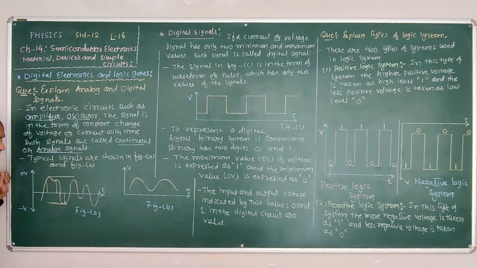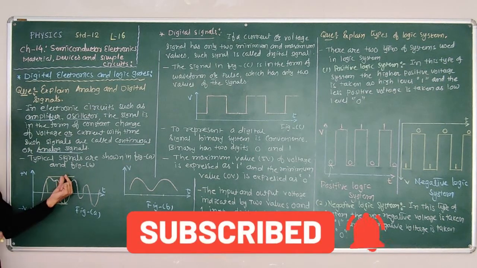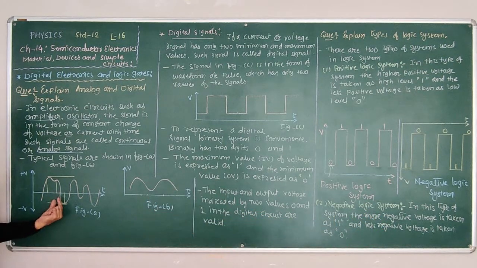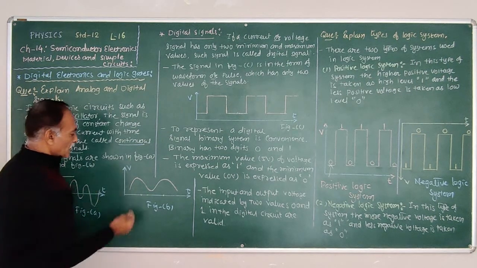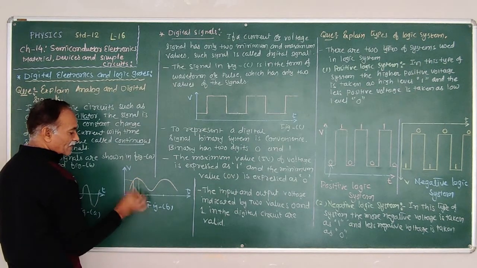So in short, an analog signal is a signal in which, at any instant of time, the value of the voltage or current lies between the maximum and minimum. That means at this instant of time, the value of the voltage or current is any value between maximum and minimum. Such a type of signal is known as an analog signal. Here also, at this instant of time, the value of the voltage is this, and at this instant it is this.